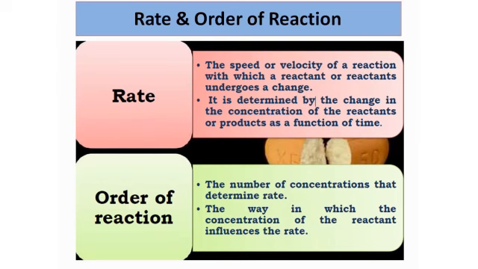Now, what is rate and what is order of a reaction? Rate of a reaction means the speed or velocity with which the reaction takes place. It is determined by the change in the concentration of the reactant or product as a function of time.